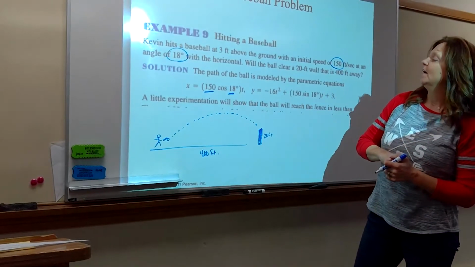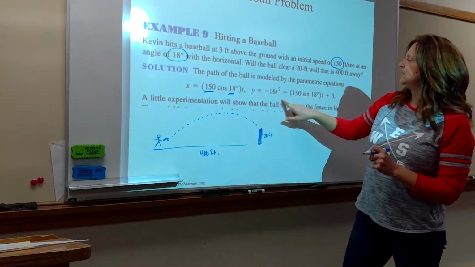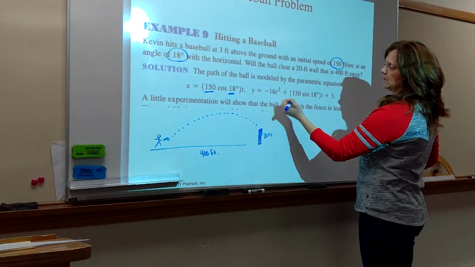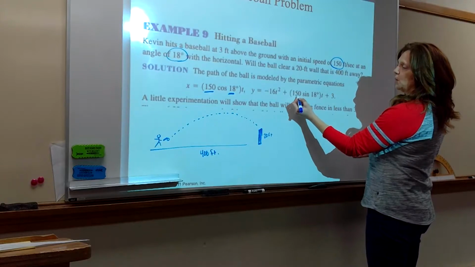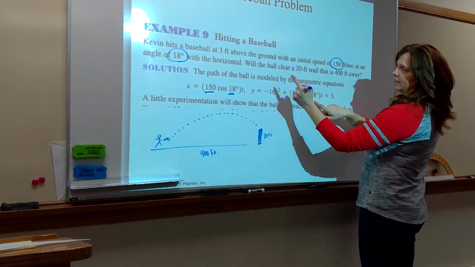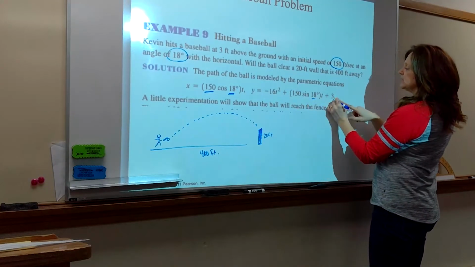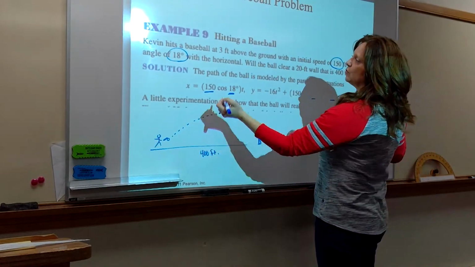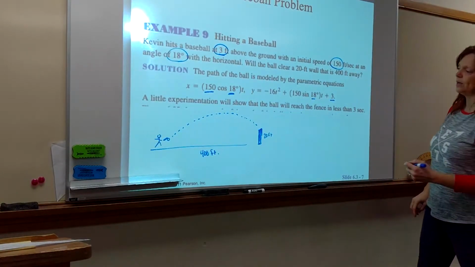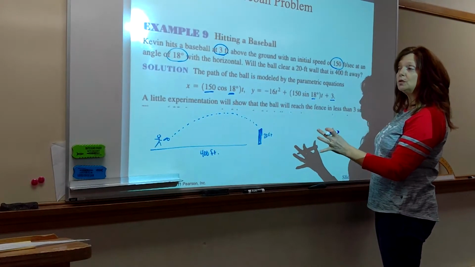Then you have a second equation, y equals negative 16t squared. This is the force of gravity, plus, in parentheses, 150, that's your 150, sine 18, that's the 18 over there. The plus 3 is the 3 feet off the ground. So you're going to need these two equations when you set up your problem.